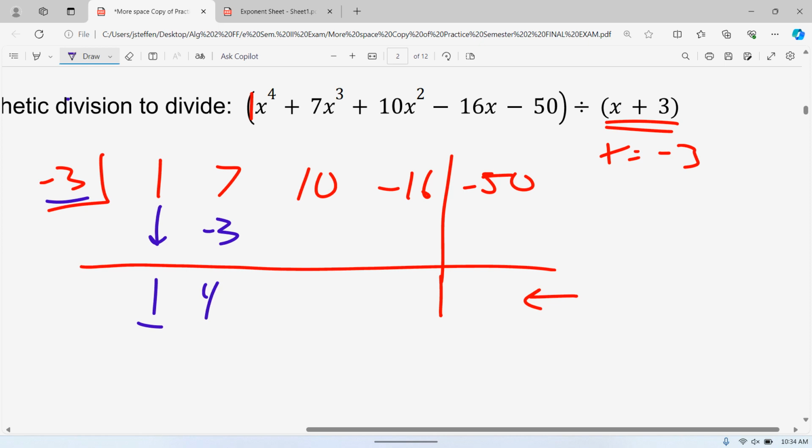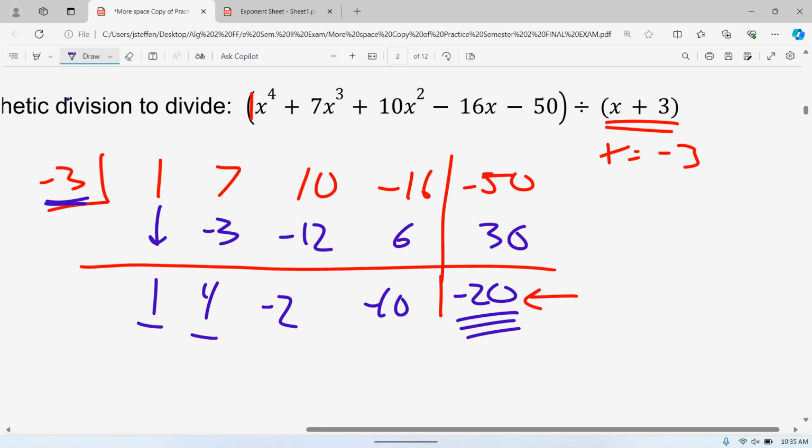Negative 3 times 4, then add those together. Negative 3 times negative 6, then add. Negative 3 times negative 30, then add those together. That is your remainder. So that's what you're looking for.